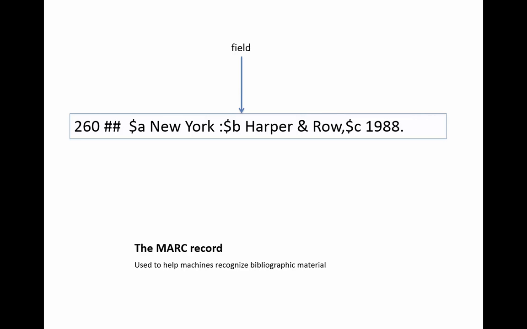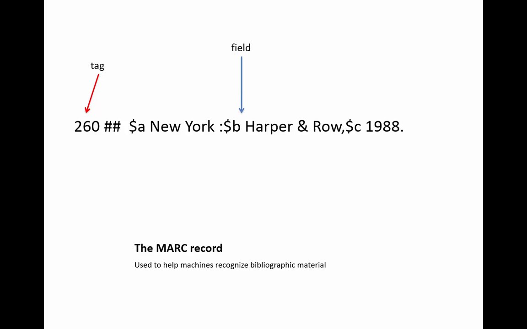Then this field is broken up into smaller parts. For one, there's what's called the tag. The tag is the number at the beginning of the field. So the 260 in this case is the tag. That's the lead. That's telling the computer, if I see the number 260, then everything else that follows that number is going to be information about the publisher or the publication information for this book.